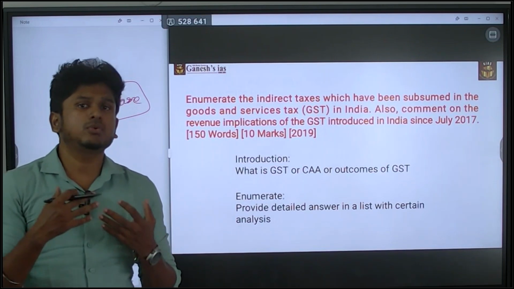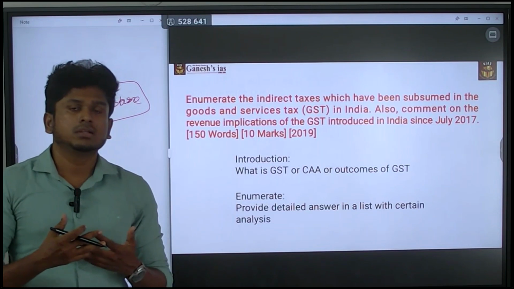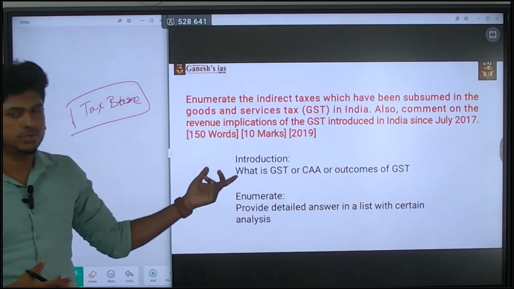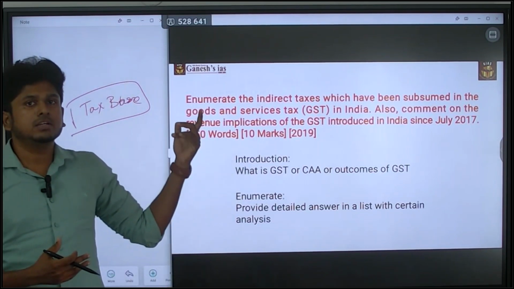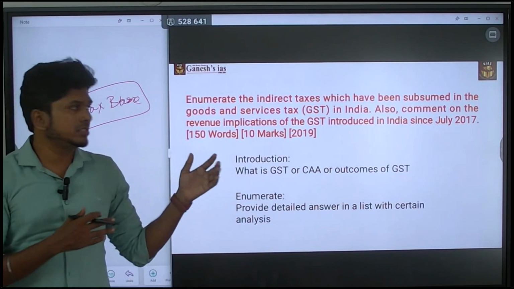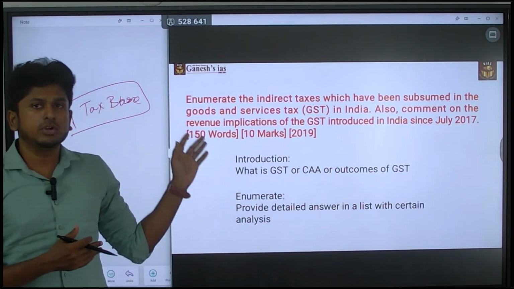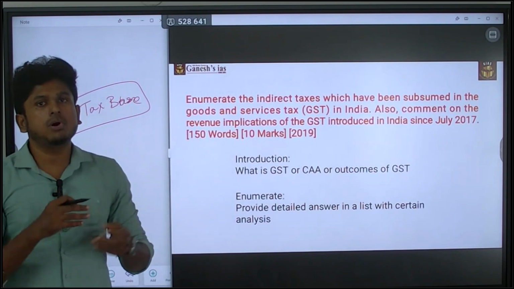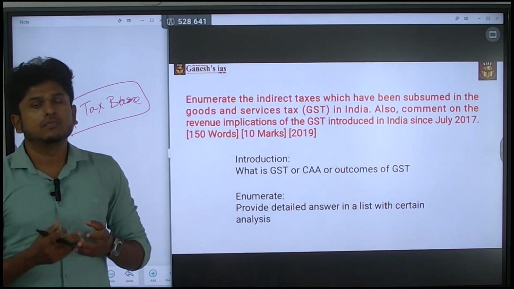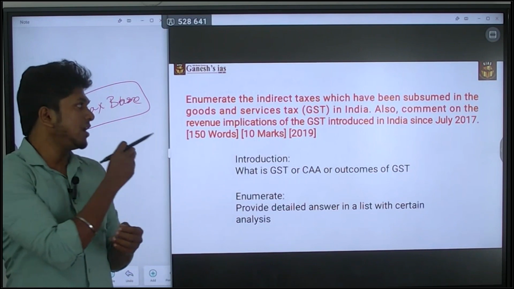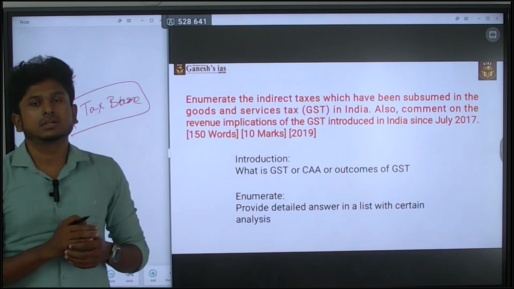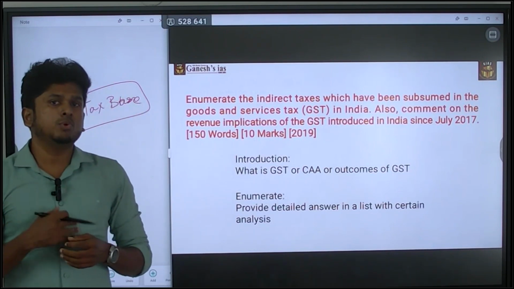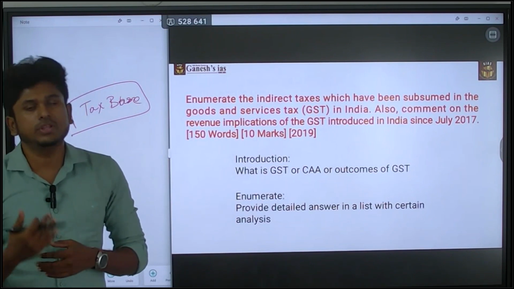In such a way you have to complete the answer for these kinds of questions, because hereafter they are not going to change this GST. They are going to follow it. So you can give certain suggestions to modify the issues that are affecting GST collection. That is a good way of concluding the answer.